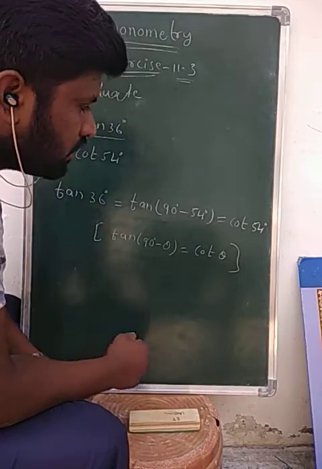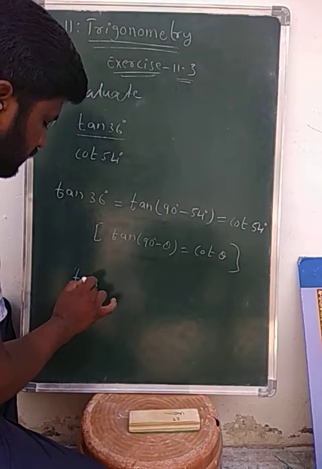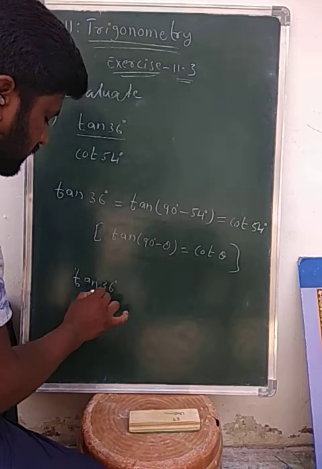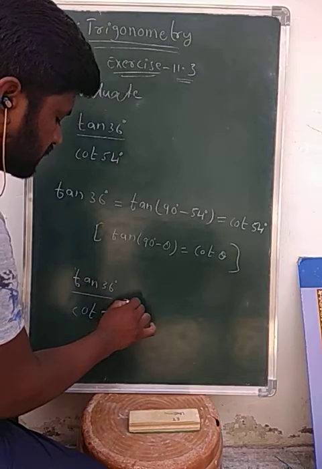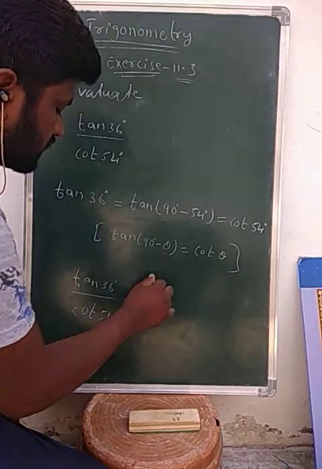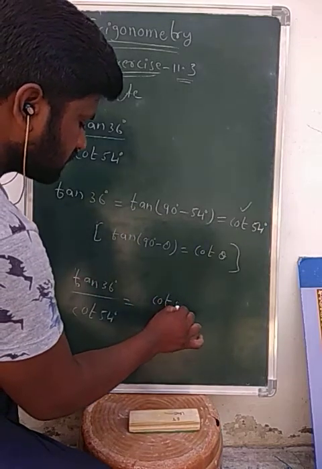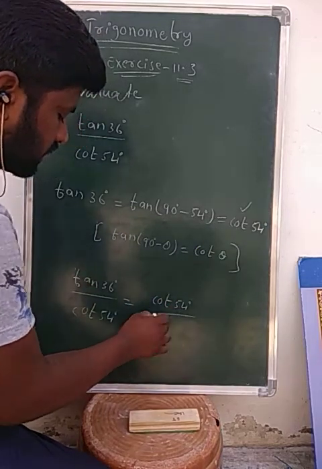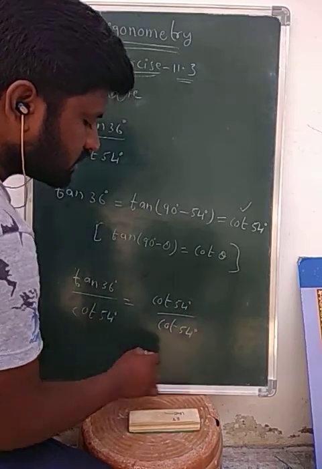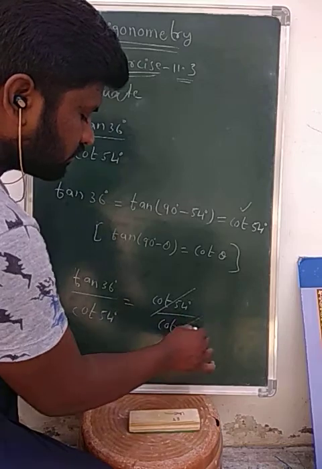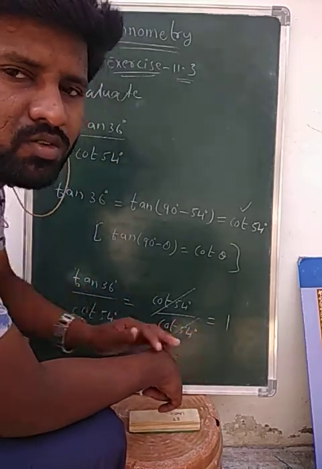Now take tan 36 degrees by cot 54 degrees. Tan 36 degrees is cot 54 degrees, and the denominator is already cot 54 degrees. Cot 54 cancels, so the value is 1.